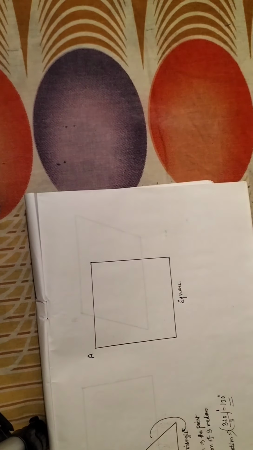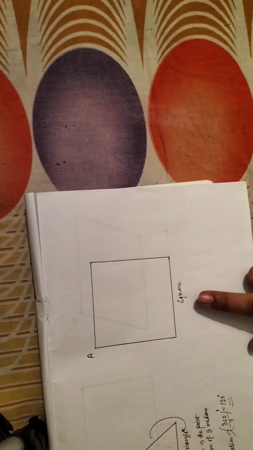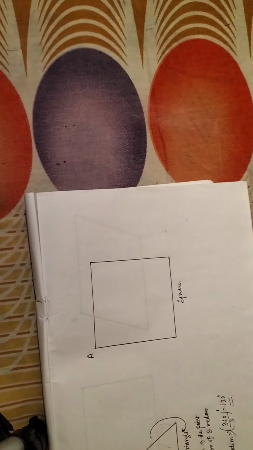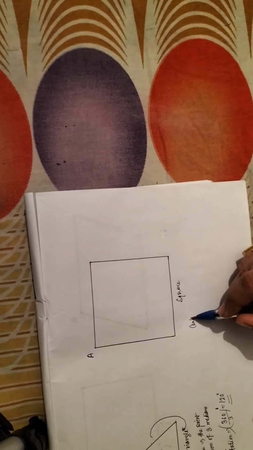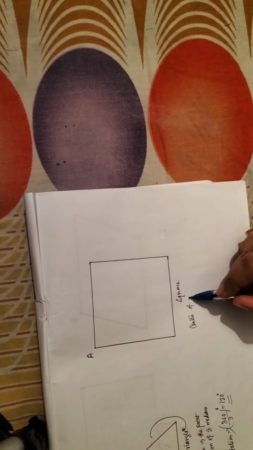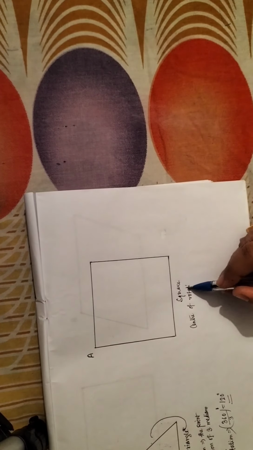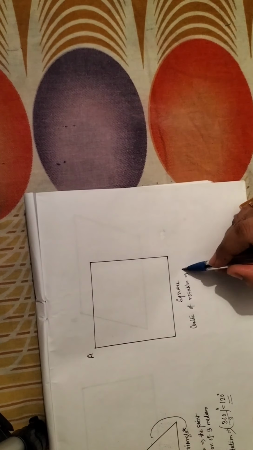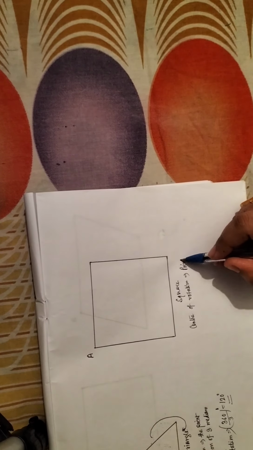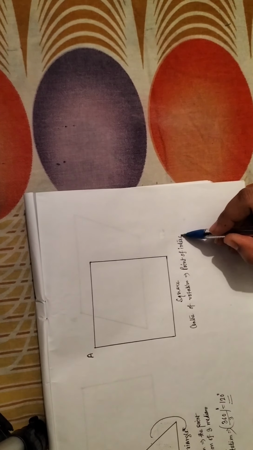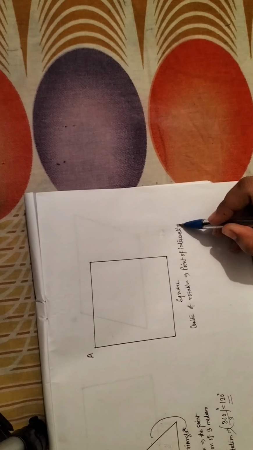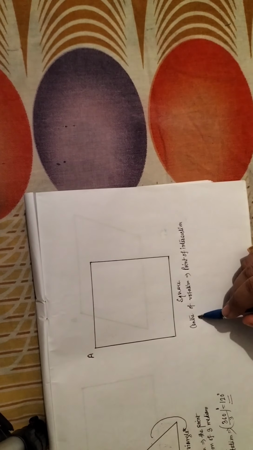So here we can conclude that the square is rotationally symmetric, first of all. Secondly, its center of rotation is the point of intersection of its diagonals.